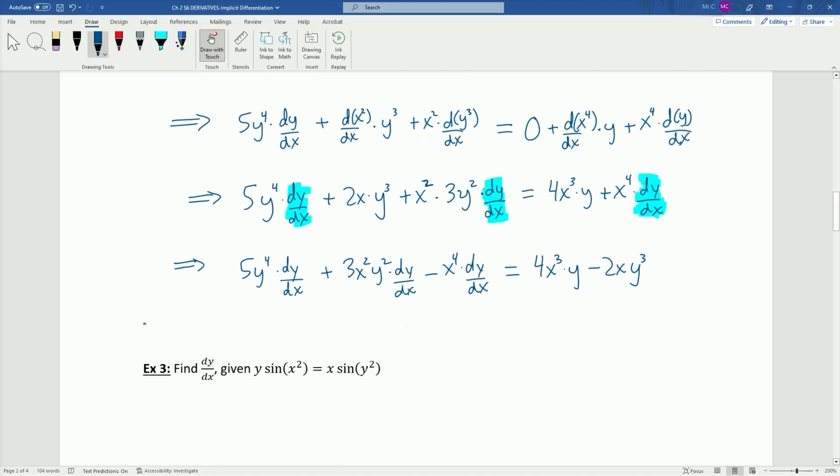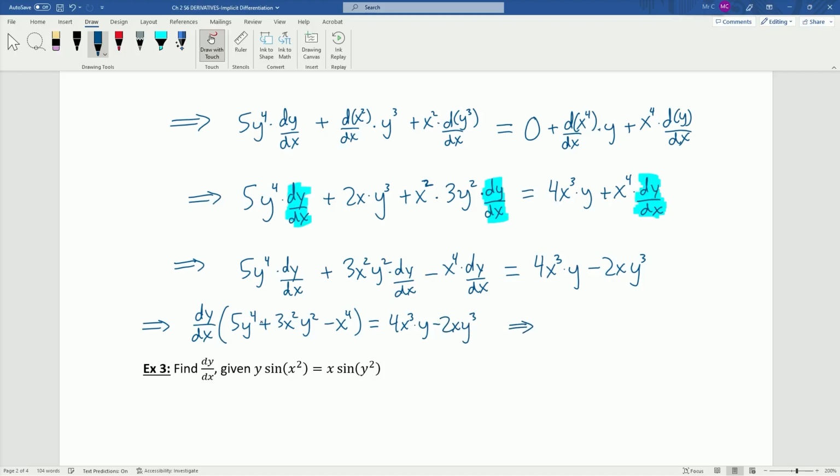So the next step, I'm going to factor out dy dx. And I get 5y to the 4th plus 3x squared y squared minus x to the 4th, times dy dx equals 4x cubed y minus 2xy cubed.